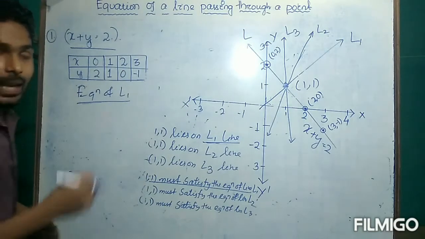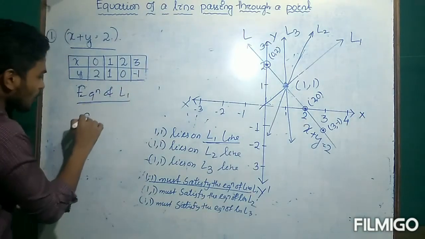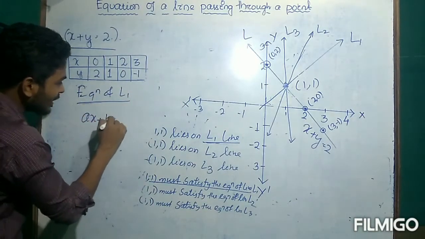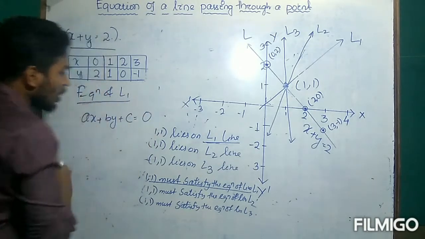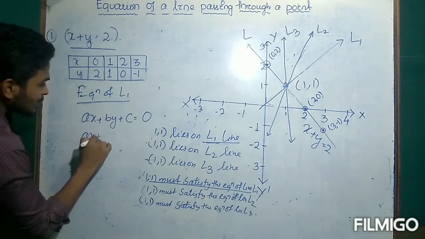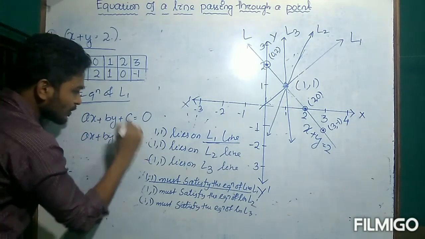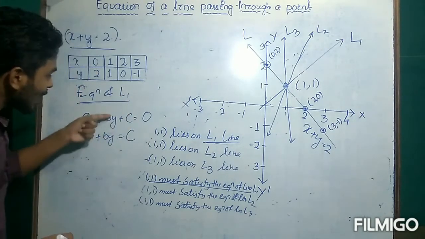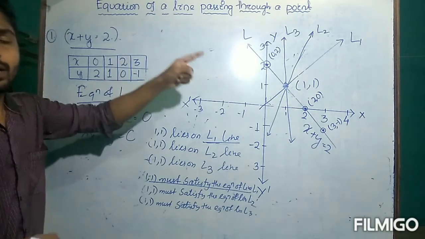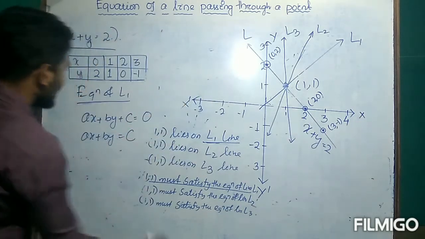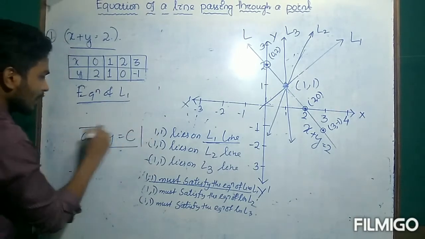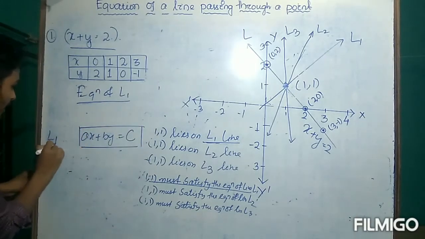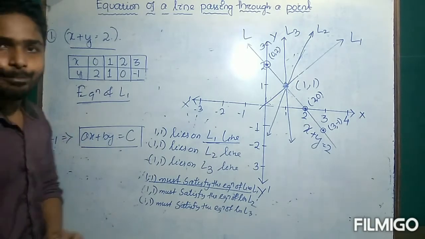And we know a linear equation in two variables is always represented in which format? ax plus by plus c is equal to 0, or you can say ax plus by is equal to c. You can write any general form for the linear equation in two variables. Suppose I choose this linear equation. Now this is the linear equation of the line L1.